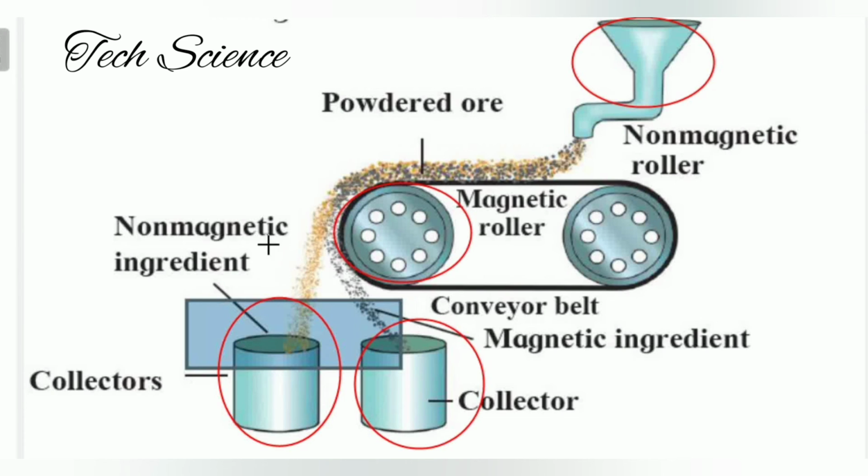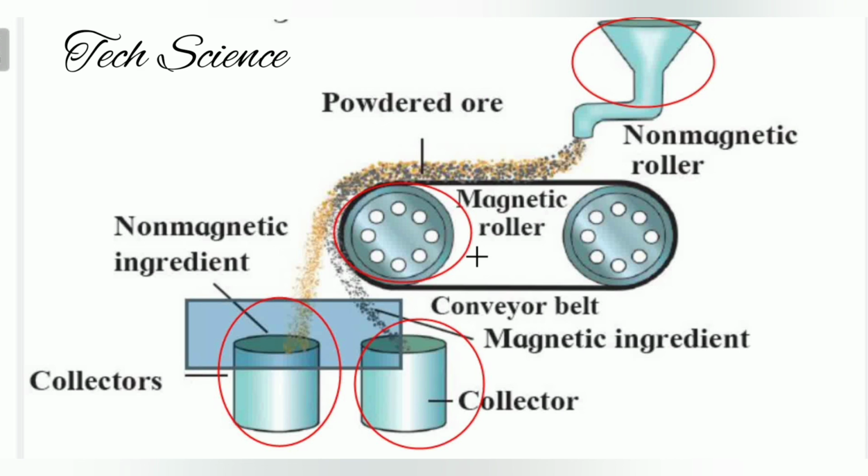In that way, you separate the non-magnetic ingredients from the magnetic ingredients, that is, you are separating the gangue particles from the main ore using the magnetic property of this roller. So this is the electromagnetic machine used to separate magnetic and non-magnetic ingredients from each other.